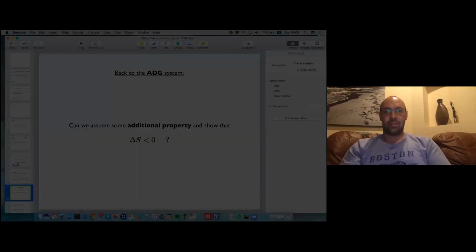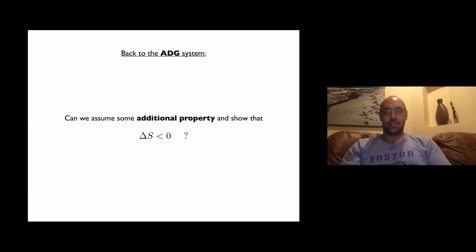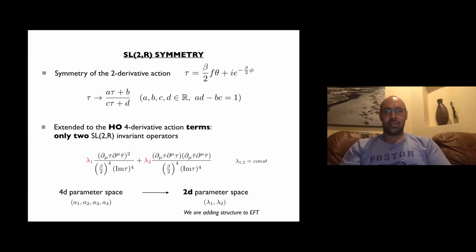Okay, so now we can go back to the axion-dilaton-gravity system, and we ask, can we assume some other additional property that helps show that the axionic weak gravity conjecture is satisfied. So we take SL(2,R) symmetry and we impose it on our effective theory.